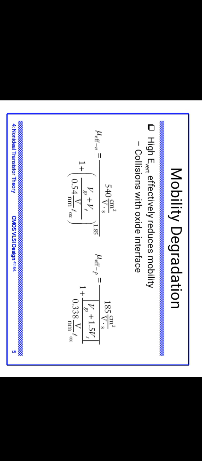The mobility retardation can be modeled by replacing mu with a smaller mu effective. High effectively reduces mobility collisions with outside interface. Next is the formula for mobility effective.